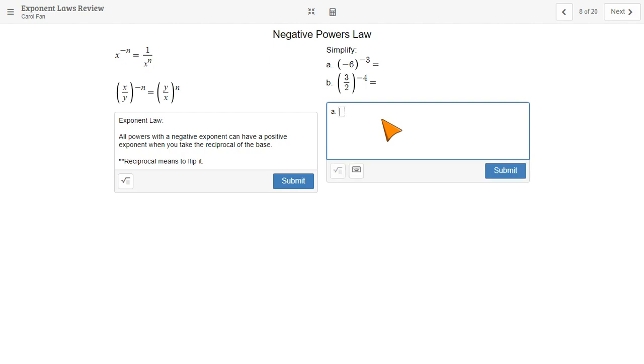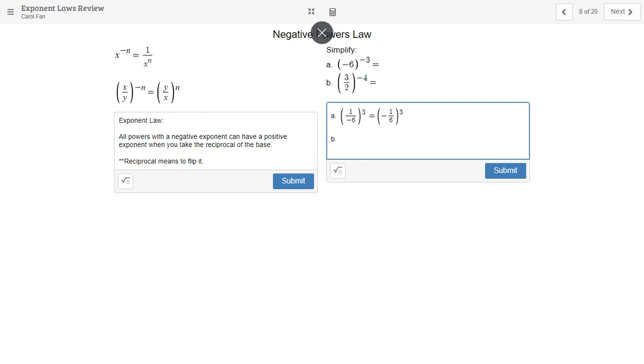We can flip it so that negative 6 now becomes 1 over negative 6, and this is all to the power of 3. Another way you can write it, you could write negative 1 over 6 to the power of 3.